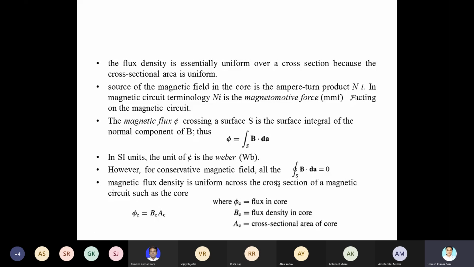You can see a circle symbol here, which shows a closed surface.